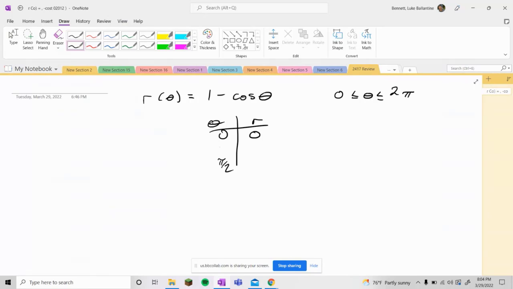At pi over 2, we have 1. At pi, we have 2. And I think at pi over 4, it looks like 1 minus 1 over root 2.